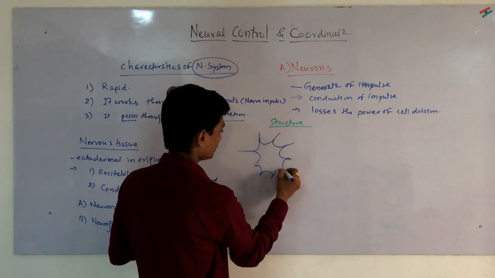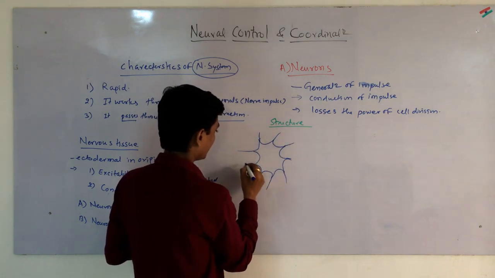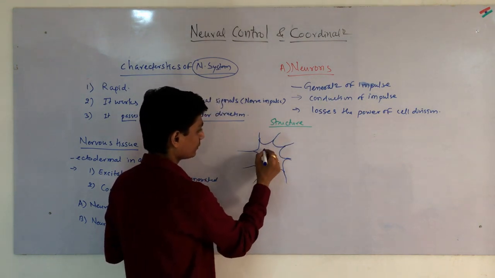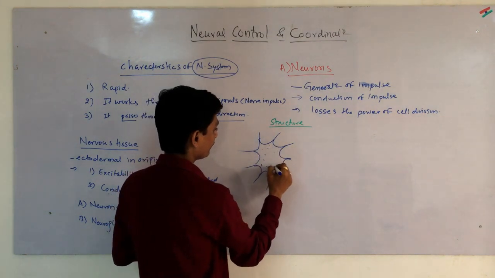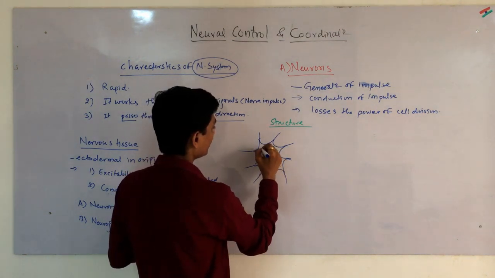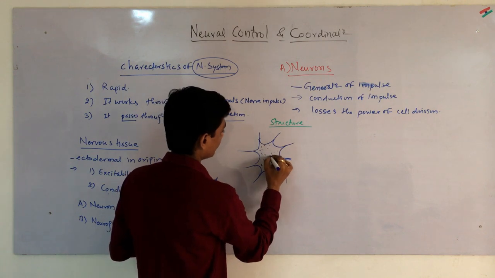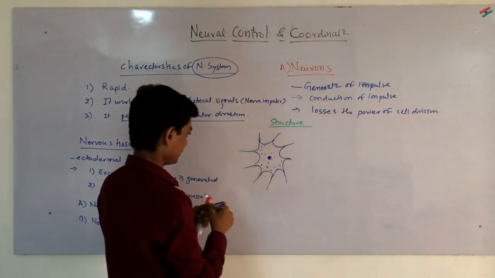These are the projections coming from the body. This is the body part of the neuron cell. In this body part, a small nucleus is there at the center, and this is the dendrite part.